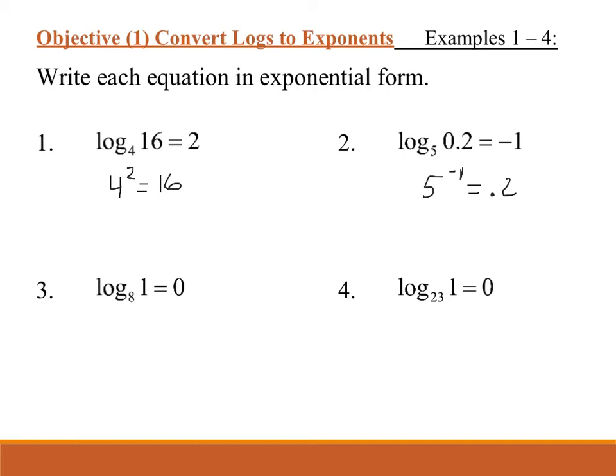Now we have number 3, which shows that log base 8 of 1 is equal to 0. We can see that 8 raised to the 0 is equal to 1. Likewise, in number 4, the same thing is occurring. 23 raised to the 0 power is equal to 1.